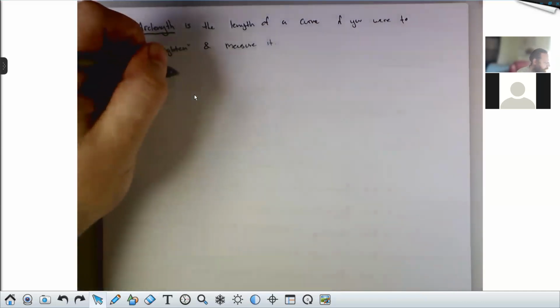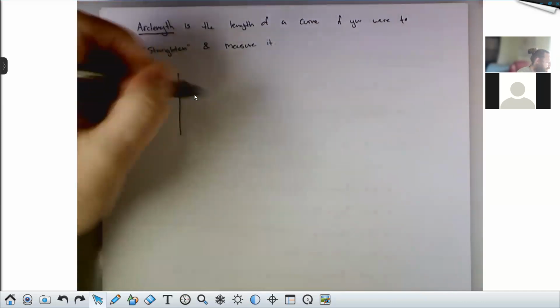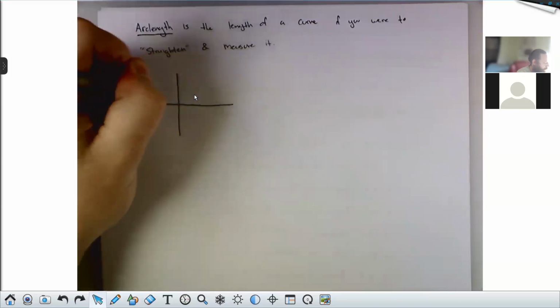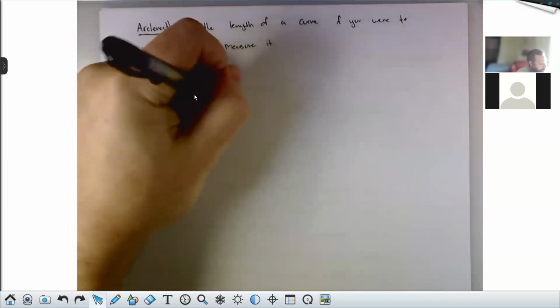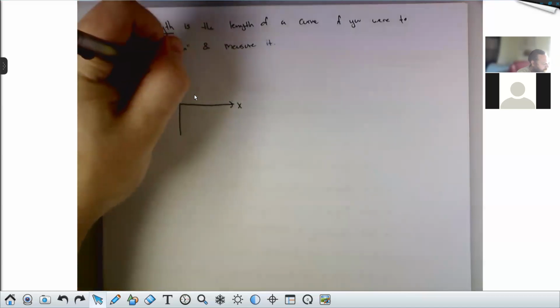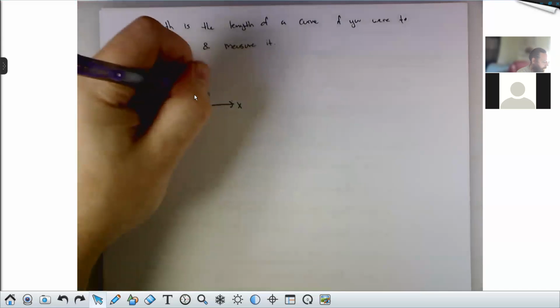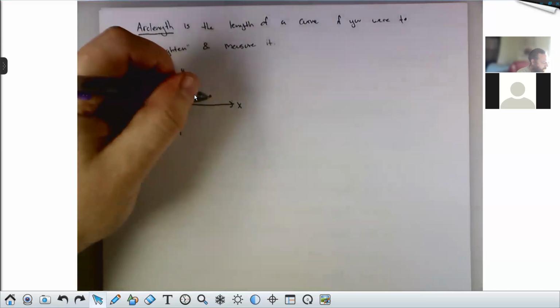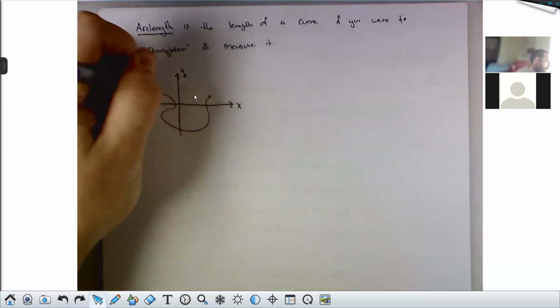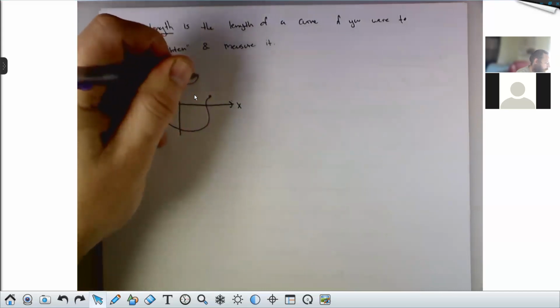In terms of the picture, if I have some parametric curve in the xy plane, perhaps with an initial point here, I'm doing, whatever parametric curves do, maybe winding up over here.